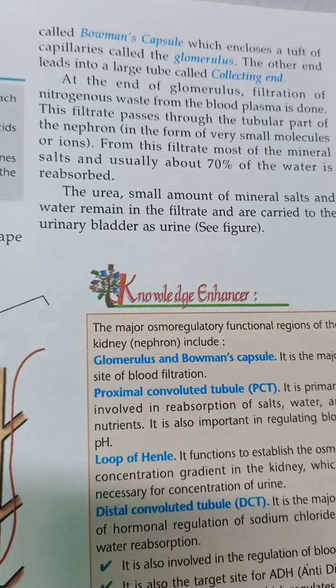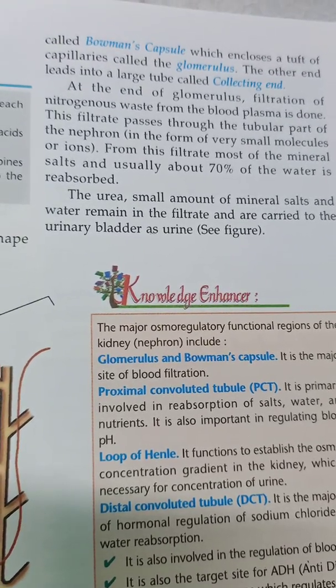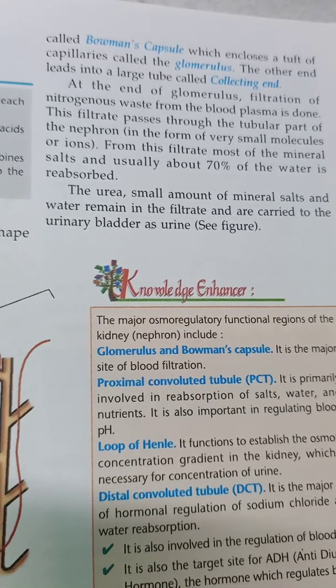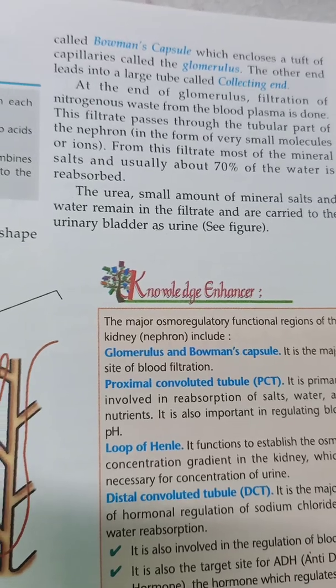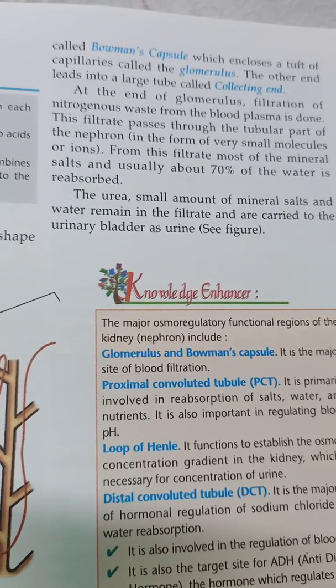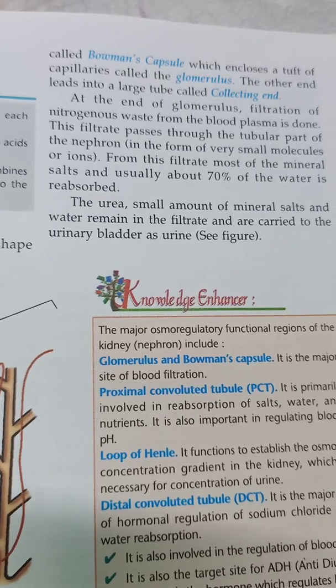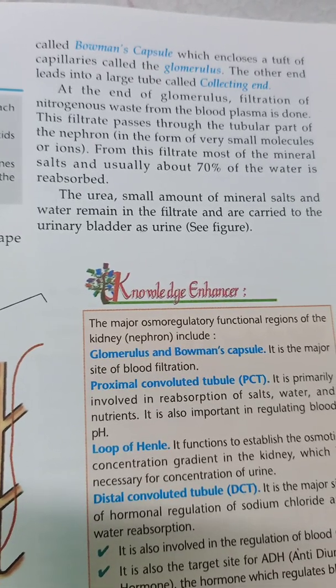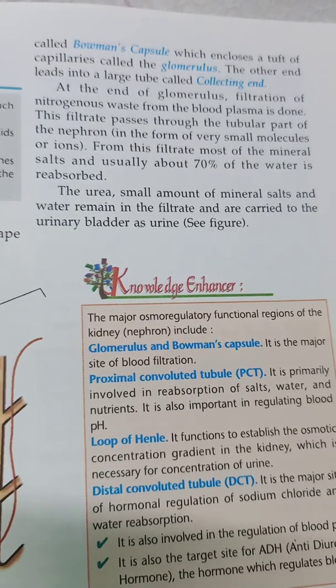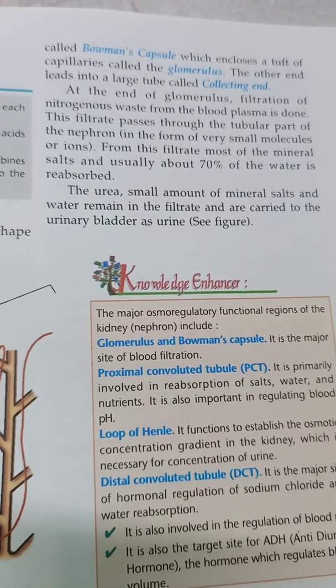At the end of the glomerulus, filtration of nitrogenous waste from the blood plasma takes place, and this filtrate passes through the tubular part of the nephron in the form of very small molecules or ions.